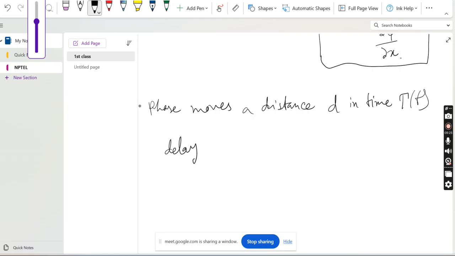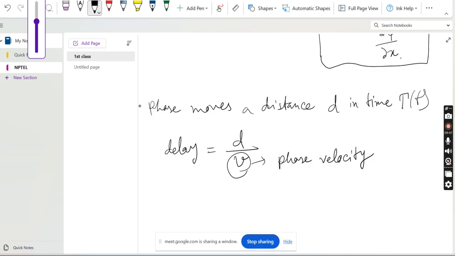So the delay will be given by d by v, which is the phase velocity. In the class it has already been described why it is called phase velocity, not wave velocity.